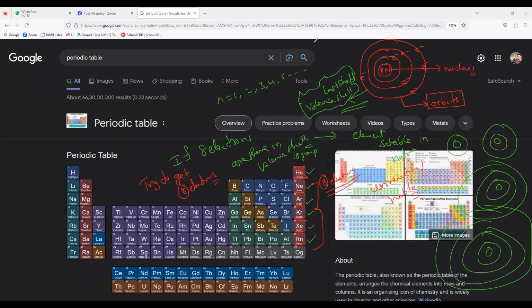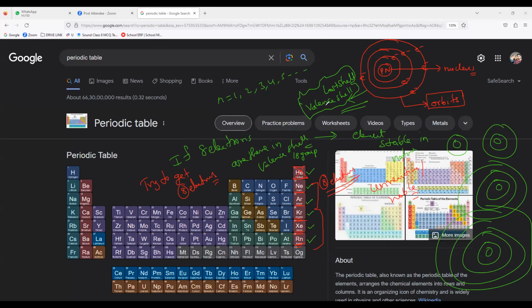So what I said, noble gases, why are they stable? Except helium. Helium alone is different; I will tell you that. Except helium, in all the remaining noble gases, how many electrons are there in their outermost shell or valence shell? 8 electrons.